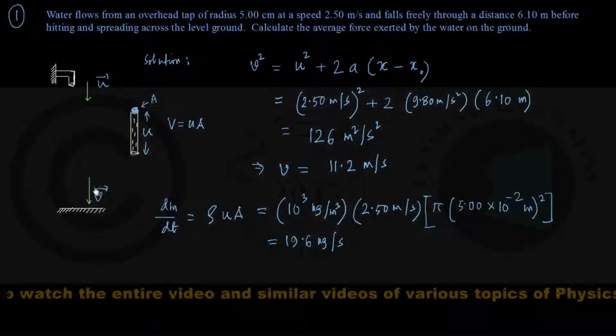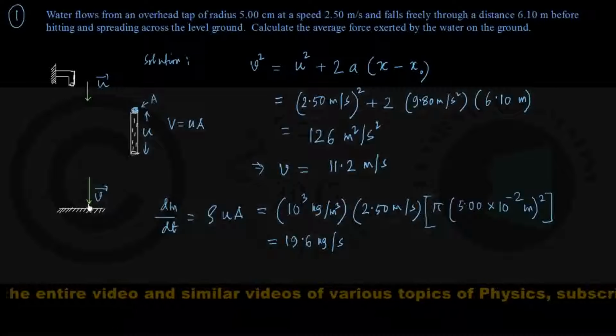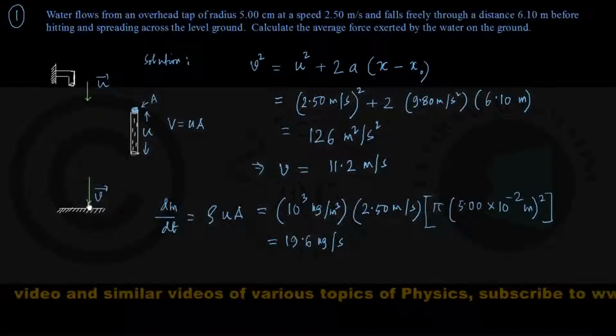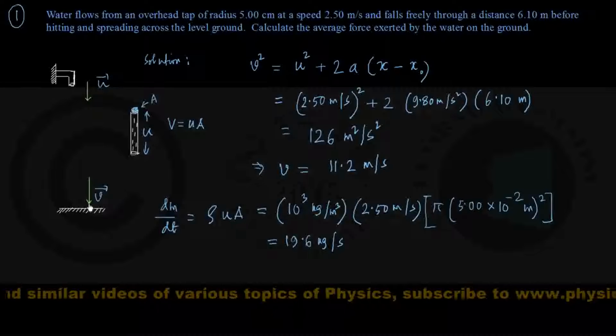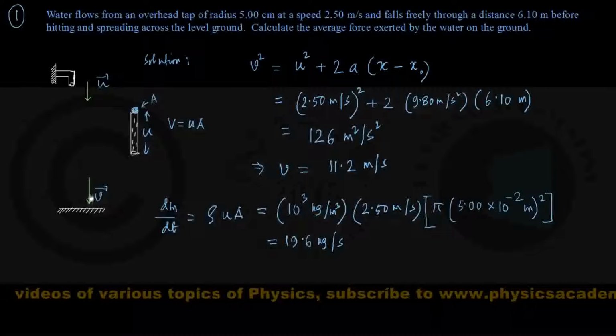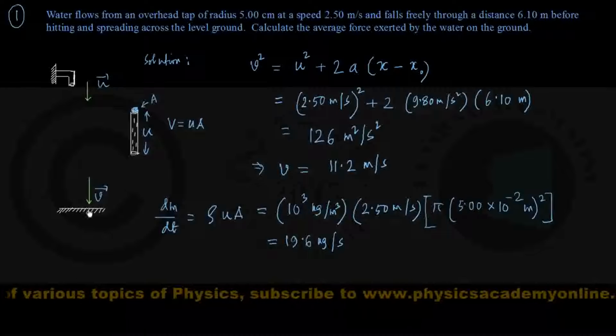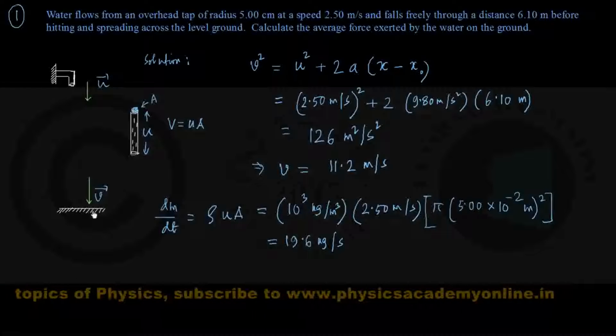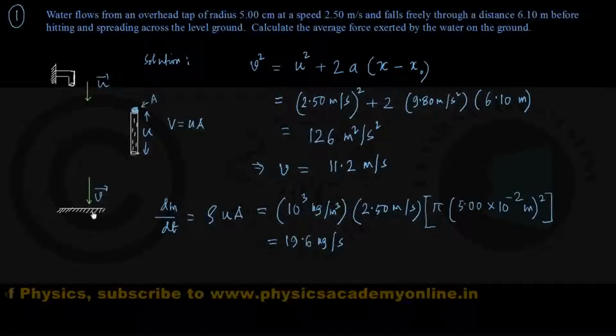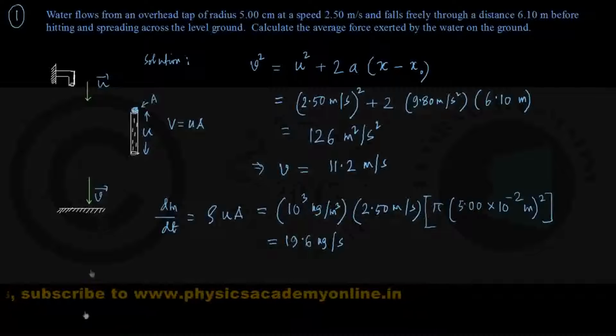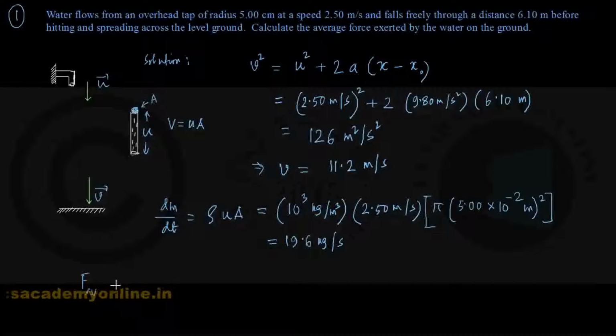Now the average force applied by water onto the ground is simply given by the change in momentum of water per second. Numerically, the force given by water onto the ground is equal to the rate of change in momentum of water with time. So you can write down the average force. I'm just talking about the numerical value of the force here.